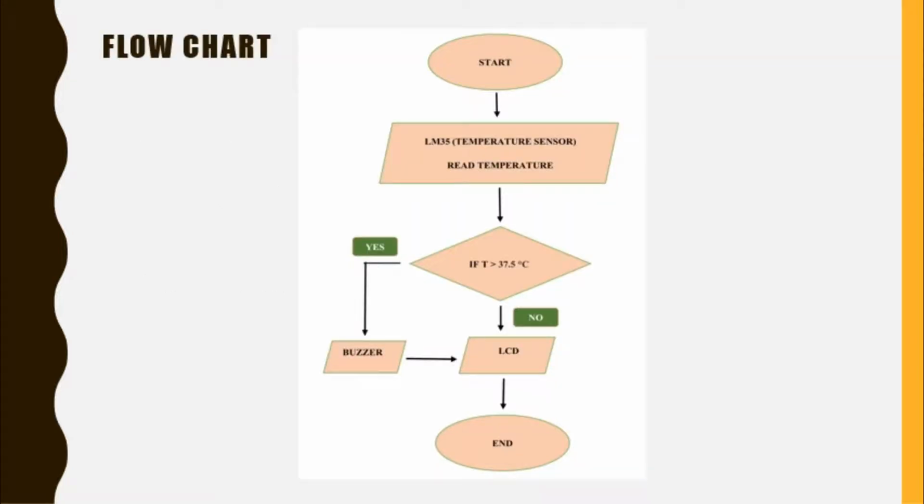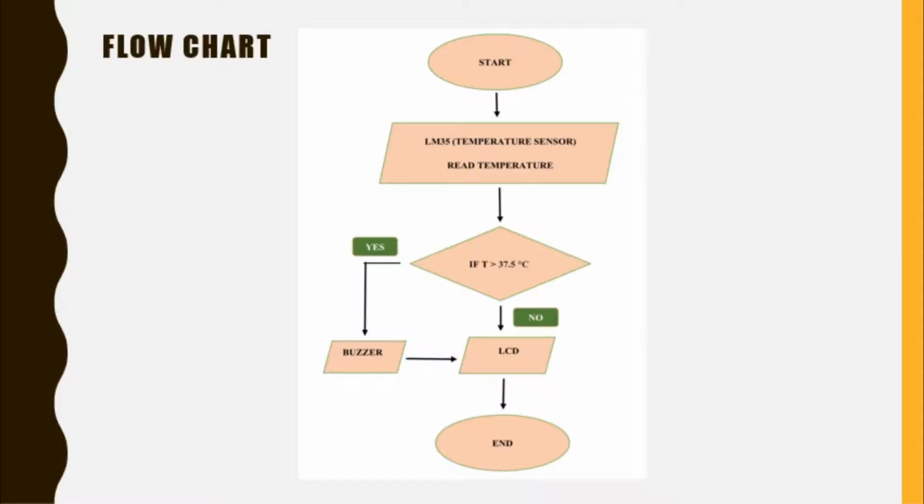Next, we will be looking at the flow chart. Based on the flow chart shown in the figure, the system will start and collect the information from the temperature scanner to read the body temperature. Then, if the body temperature is normal, which is less than 37.5 Celsius, the temperature will be displayed on the LCD.